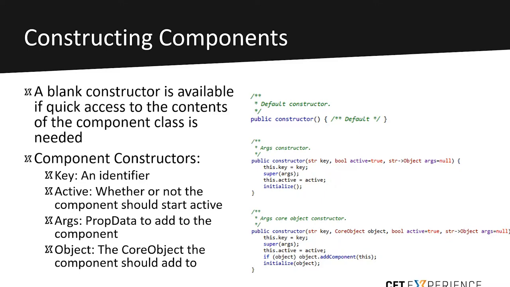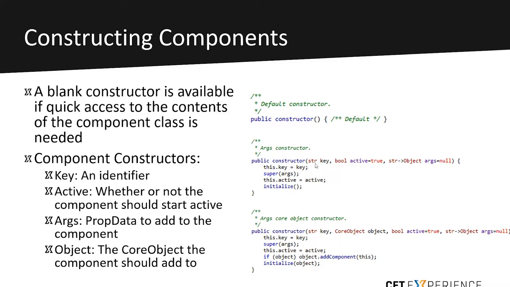Components extend from core object, which extends from prop object, which means that you can store prop data on it. So if there's any prop data that you wish to add to the component before you even get started with it, you can create your own string-object map, add your prop data, and then pass it into the constructor, and then the component will have access to that prop data later on.